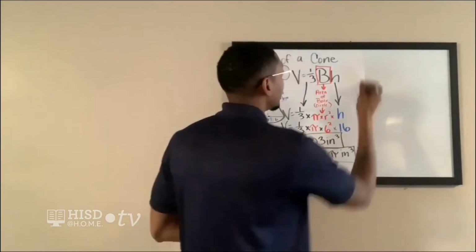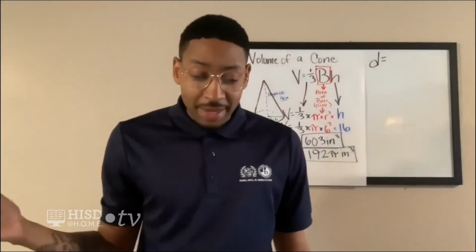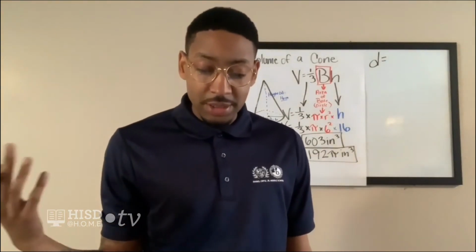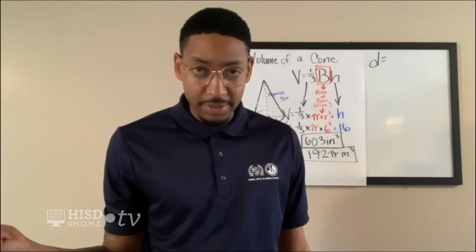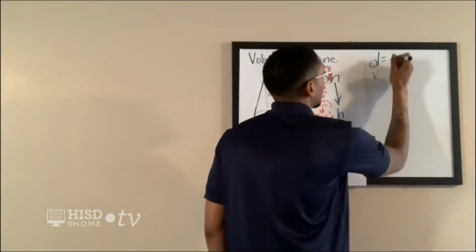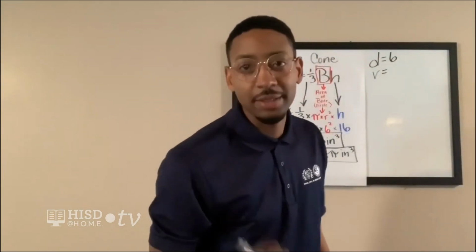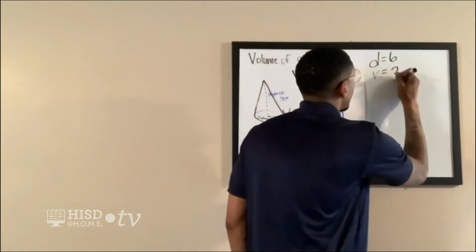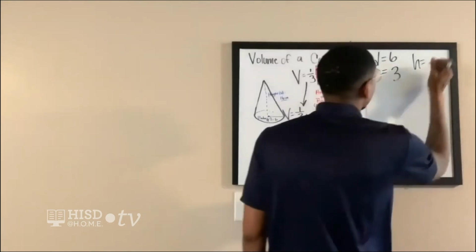Exactly, diameter. And if our diameter was 6, then that means the radius is going to equal what? Exactly, 3. And what was our height again? Does anybody remember? 9, thank you, 9.